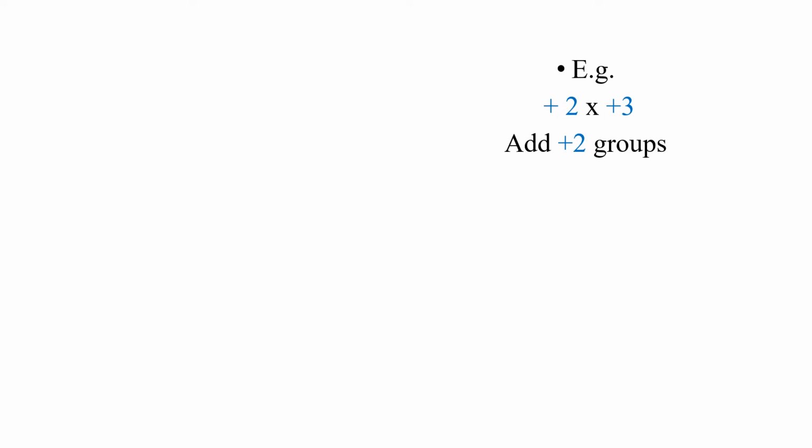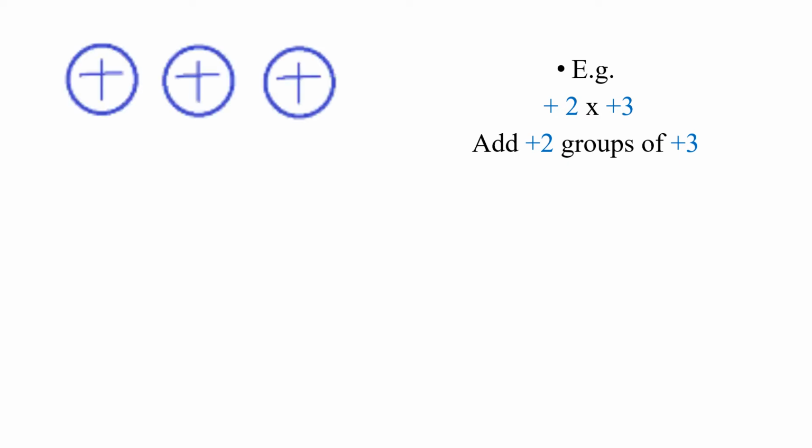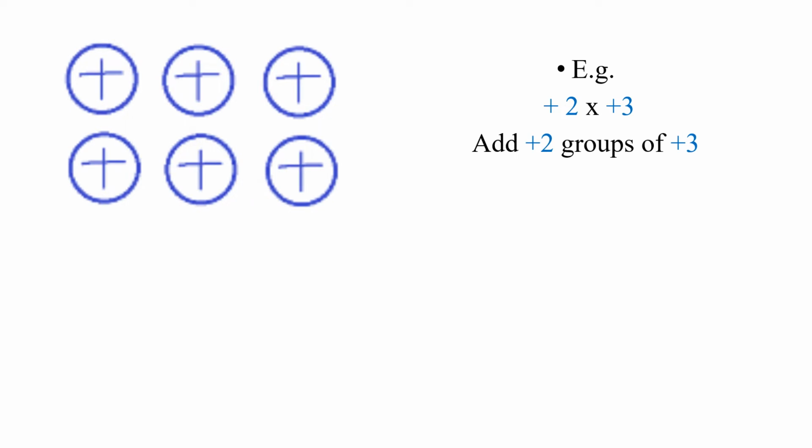We think about it as adding plus 2 groups, right? Because we started with plus 2 up here. So we add in 2 groups of positive 3. This is what I mean by that. So this is one group of positive 3. This is the second group of positive 3. So I have 2 groups of positive 3.